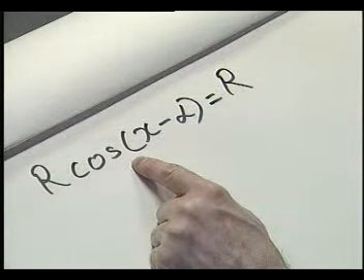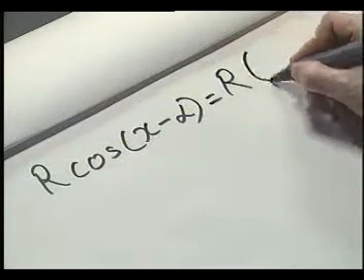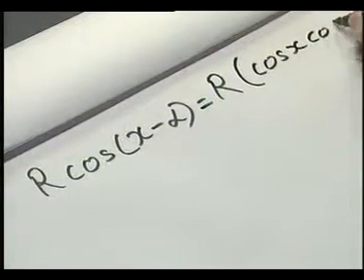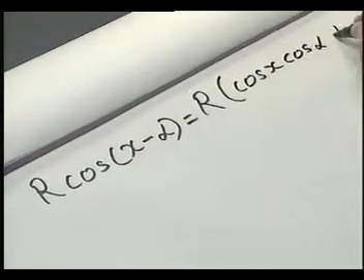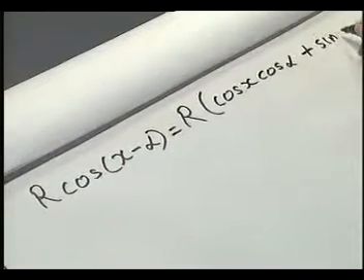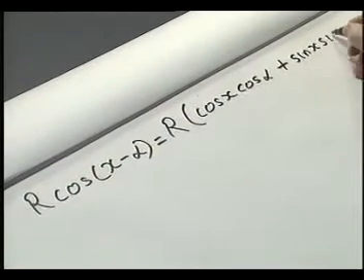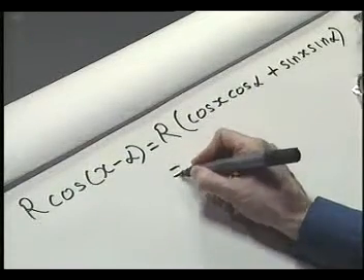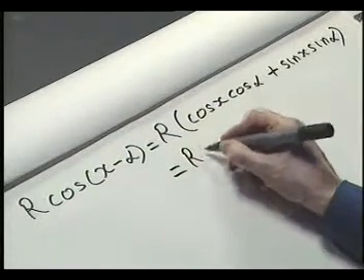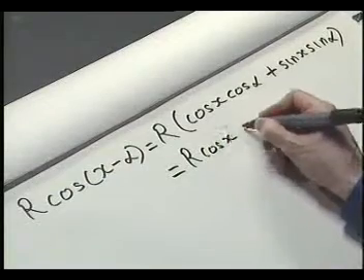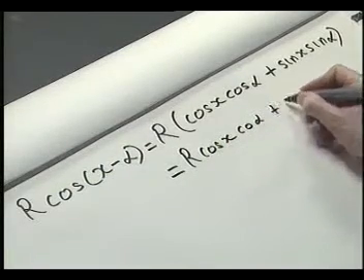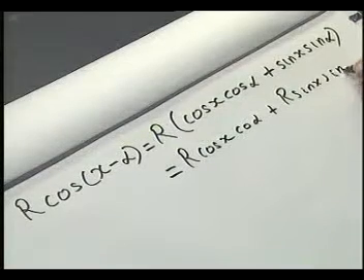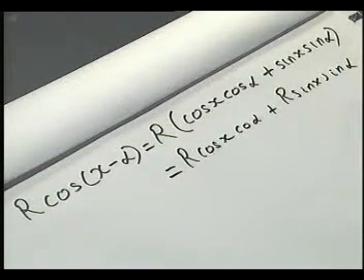Now, cos of x minus alpha is one of our addition formulae. So we can expand it as cos x cos alpha plus sine x sine alpha. Let's multiply out that bracket: R cos x cos alpha plus R sine x sine alpha.